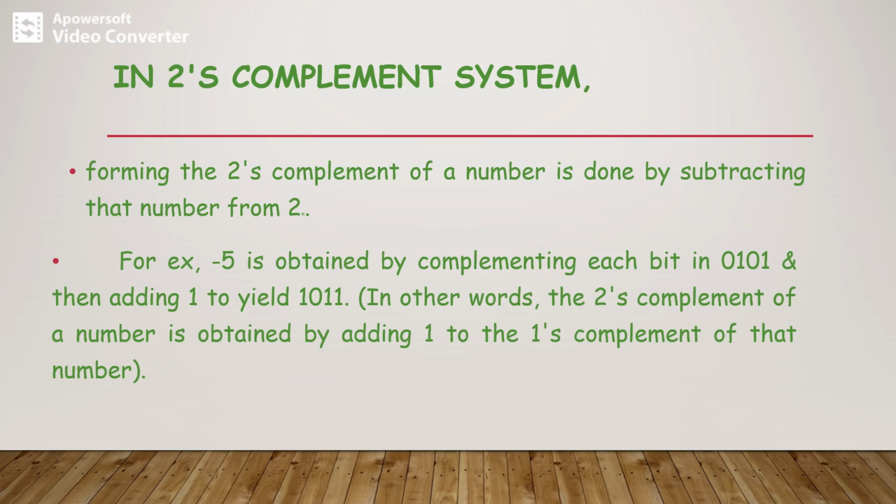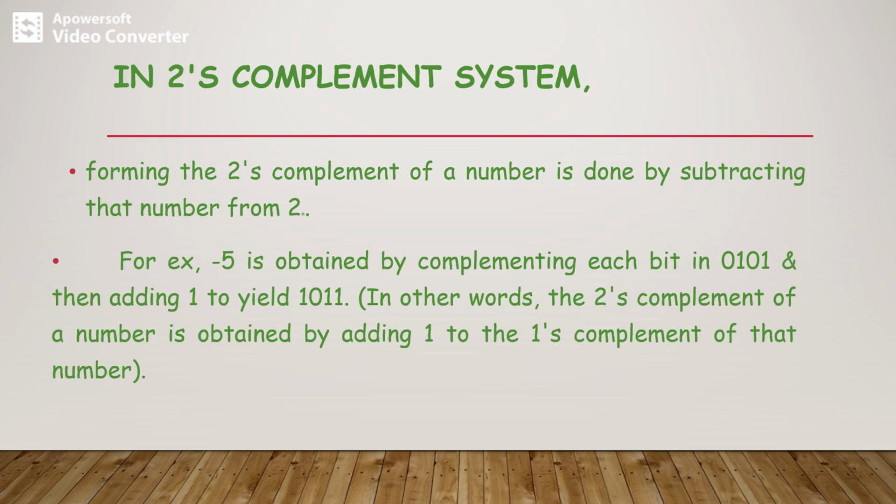So next is the 2's complement method. Generally, the 2's complement can be obtained by adding 1 to the 1's complement value we already computed. So you can just add 1 to the 1's complement value and that will compute the 2's complement of the respective number.